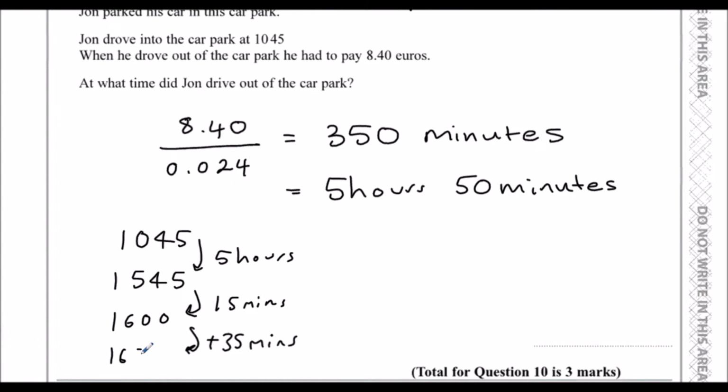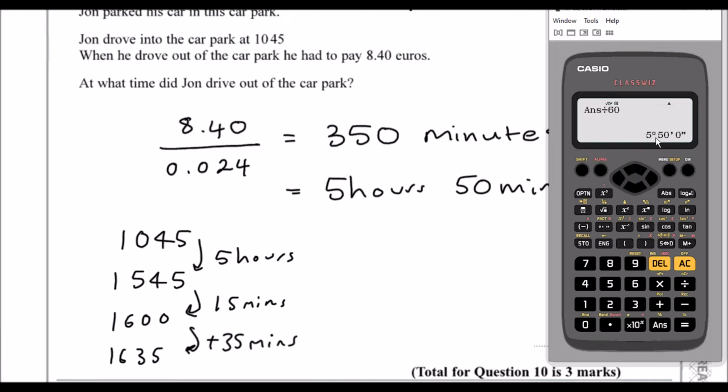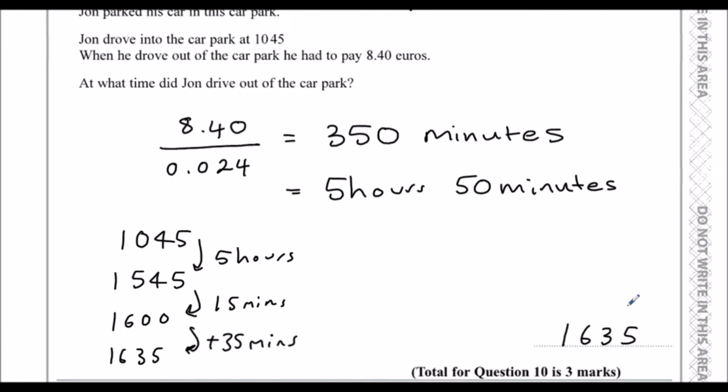So 16:35. So that's the time he left the car park. On the calculator, we could do 10 hours 45 minutes plus 5 hours 50 minutes, and we get 16:35, which is the time he leaves the car park.